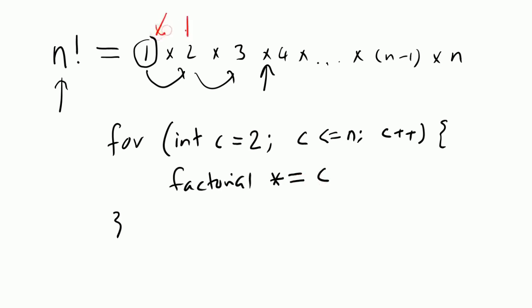This is the value of c that will be incremented one by one using this increment statement, start with 2. So this header of the for loop will give the value of c from 2, 3, 4, and so on. And what we need to accumulate is accumulation of the multiplication, which is asterisk equal to c.